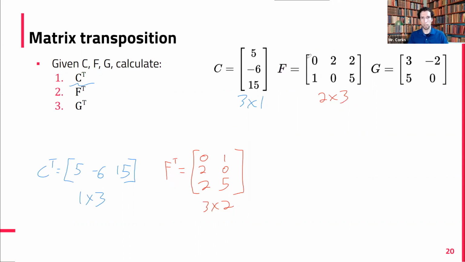We took the first row and we rewrote that as the first column. Then we took the second row and we rewrote that as the second column. That's what we have done. It's a full diagonal flip. So that's the method. Take each row, rewrite as a column in that same order, and then you're done.